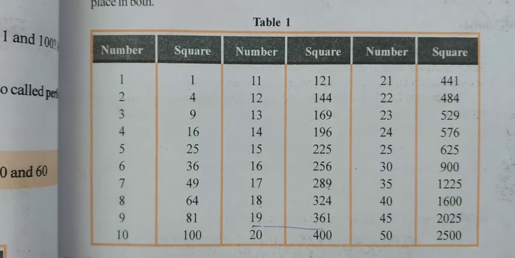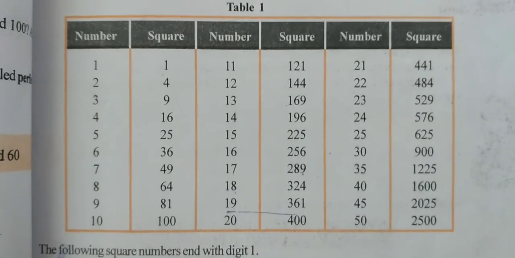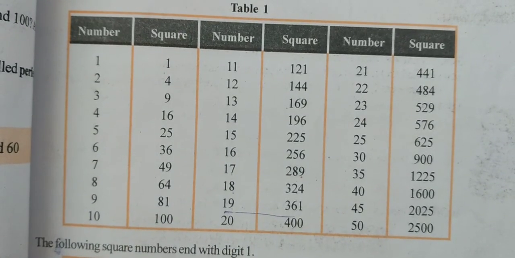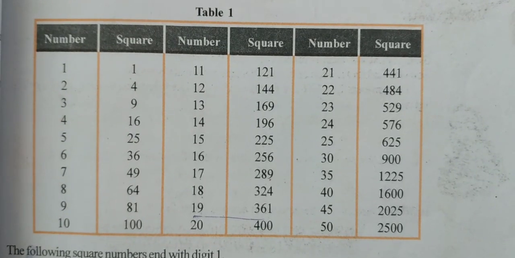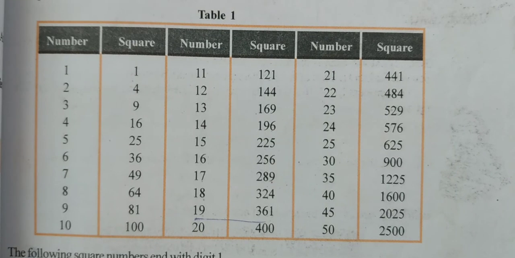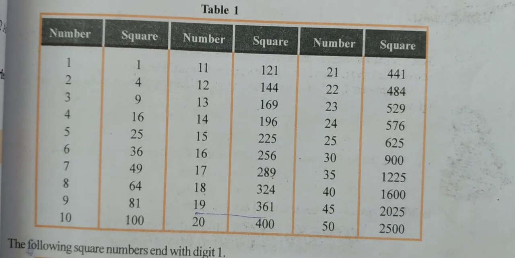Then we move on to the next table, where you can see you have numbers 21, 22, 23, 24, 25, 30, 35, 40, 45, 50, squares of it you have.